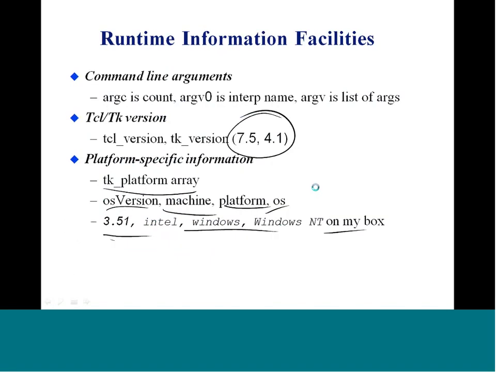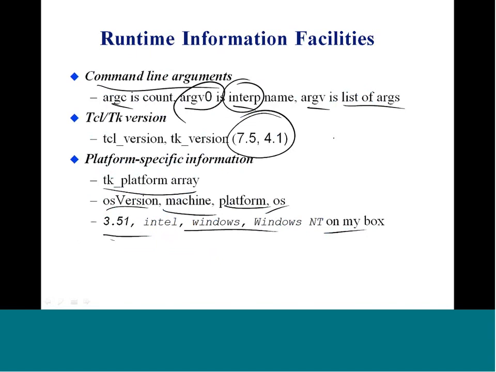Then there are some runtime informational facilities basically. For example, for the command line arguments, argc is the count and argv0 is the interpreter name, and argv is the list of arguments. We will look at this in more detail as to how to set the various interpreters.